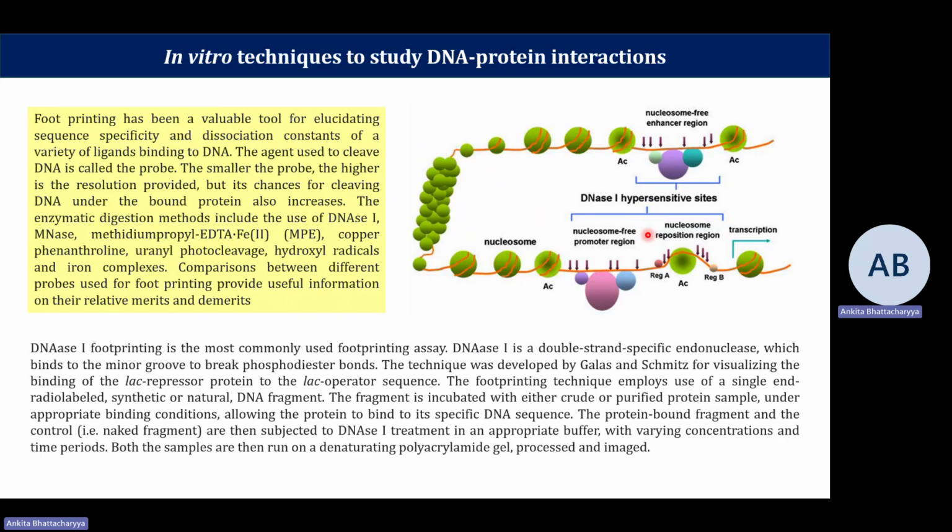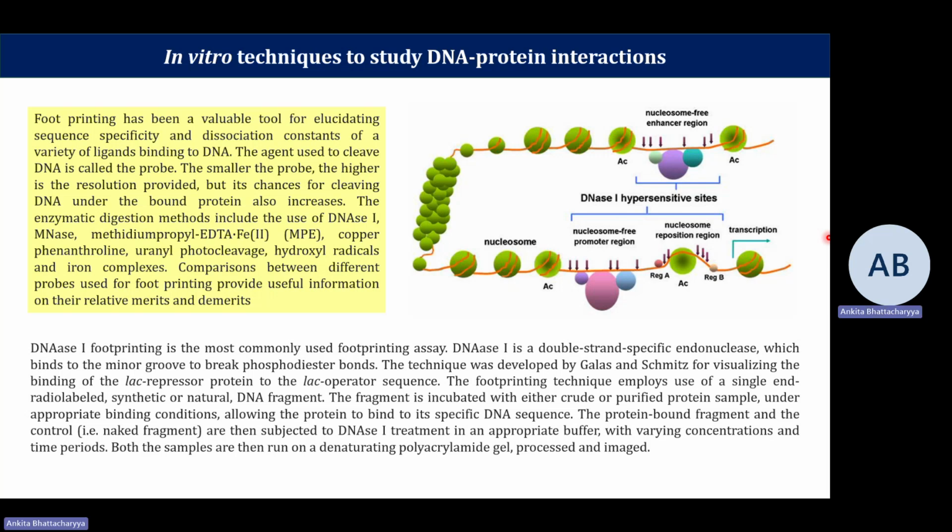So that can either be in the enhancer region or in the promoter region, a nucleosome free promoter region, or there might be nucleosome repositioning in region A or region B, and then transcription goes up in these sites also.